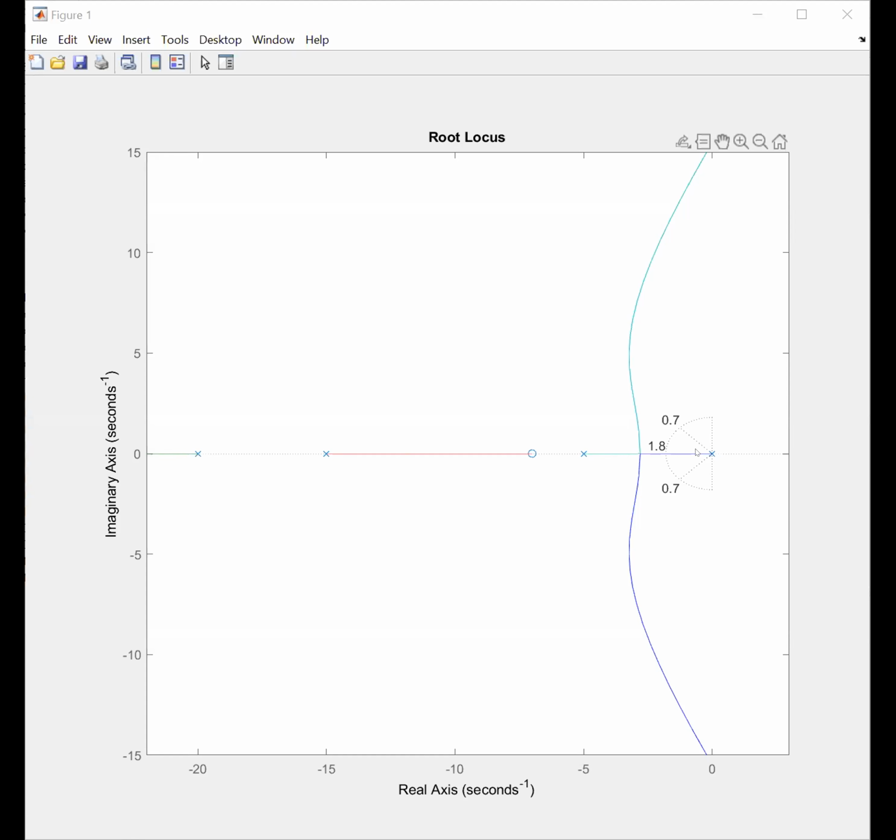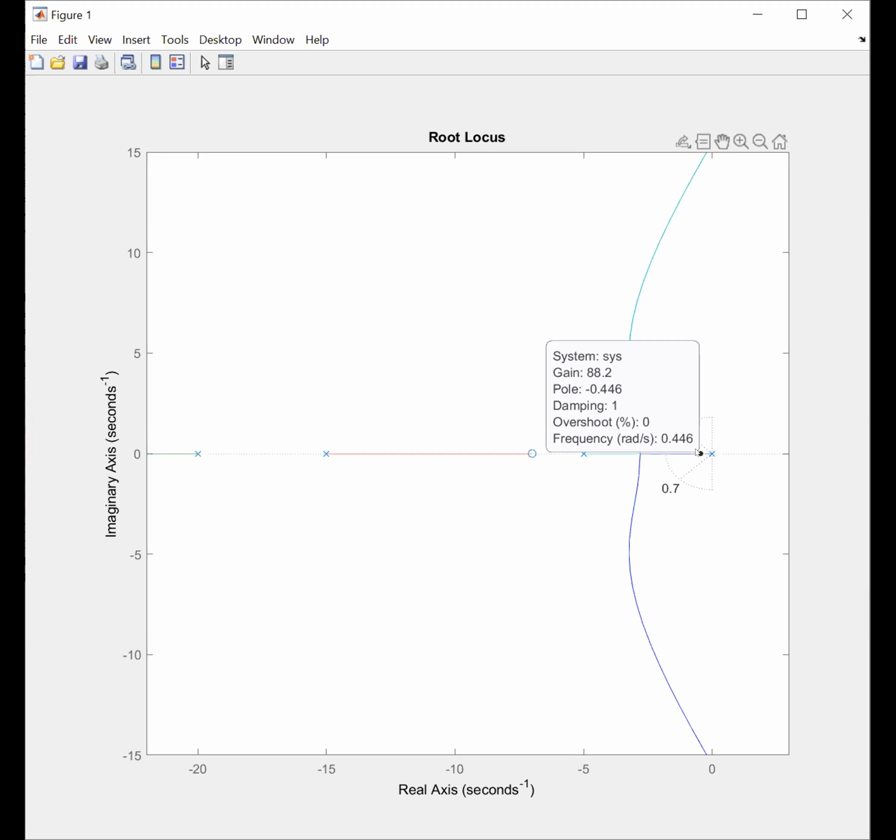Now I'm going to click here. Can you see at this location my damping is 1, but my frequency is 0.446, and I want my frequency to be greater than 1.8. If you click on any point inside that circle, you will notice that your overshoot is 0% here.